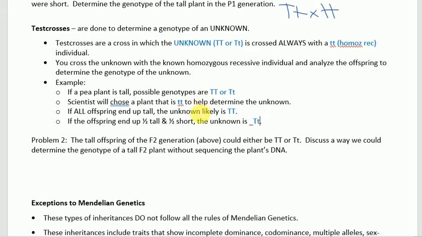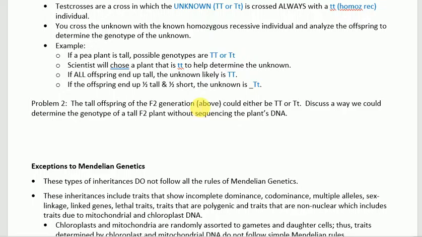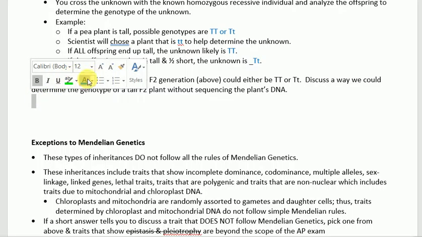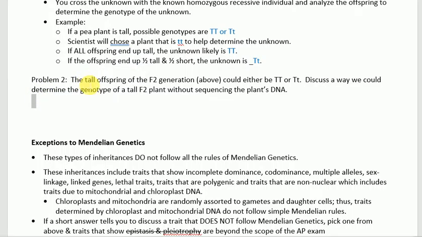So let's look at another problem. Let's do a test cross. The tall offspring of the F2 generation could either be big T, big T or little t, big T. Discuss a way we could determine the genotype of a tall plant without sequencing the plant's DNA. So what we are going to do is we are going to do a test cross.